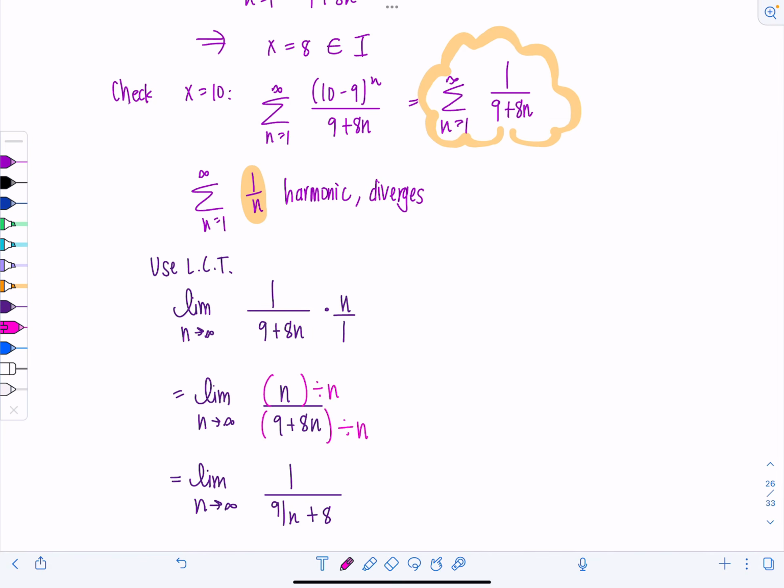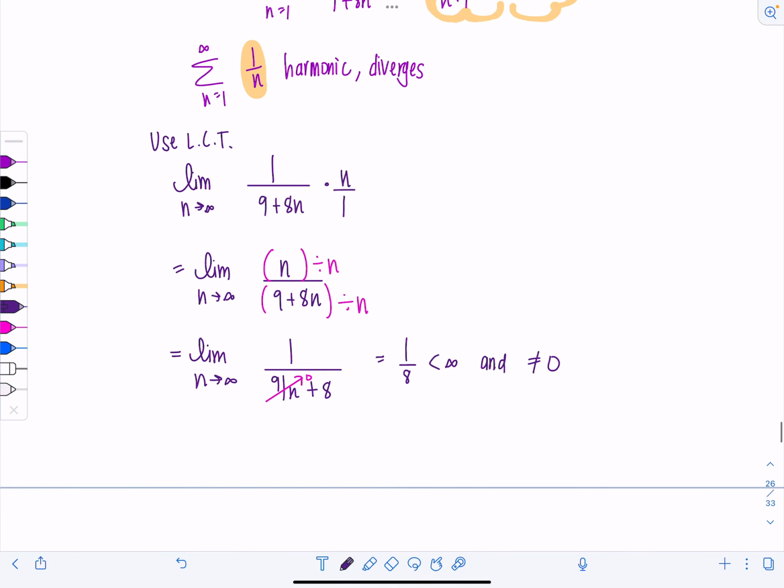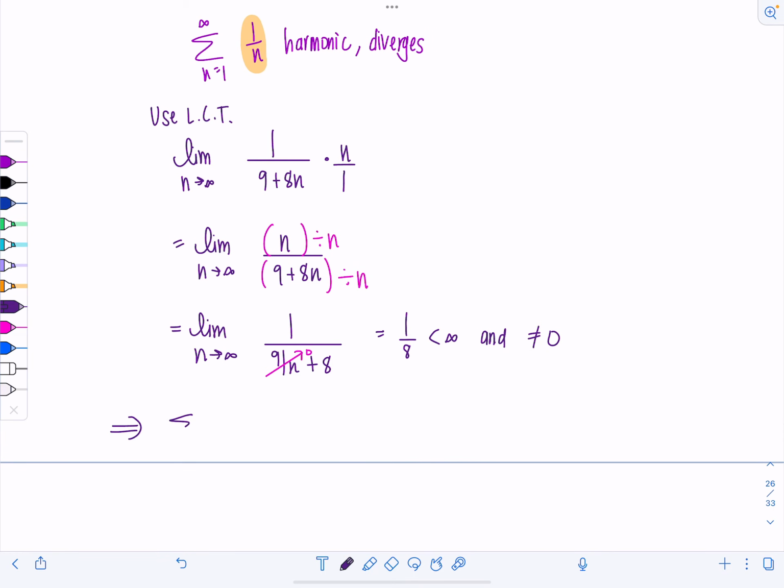As n goes to infinity, this goes to 0. I'm just left with 1/8. Remember, all I care about when I do limit comparison test is that this limit is finite and not 0. And then that means both series do the same thing. So my series does the same thing as the harmonic, which diverges. So the sum, n equals 1 to infinity of 1 over 9 plus 8n also diverges.